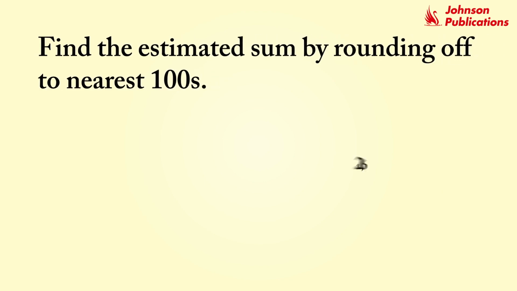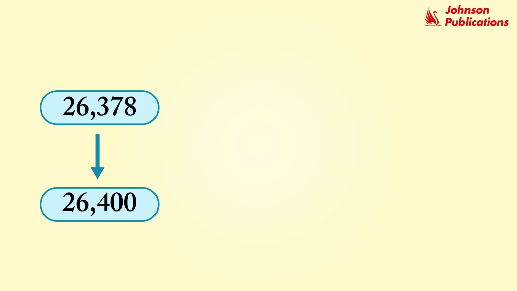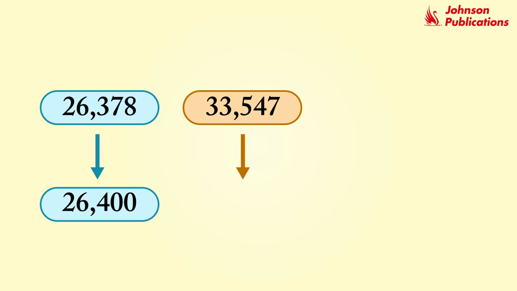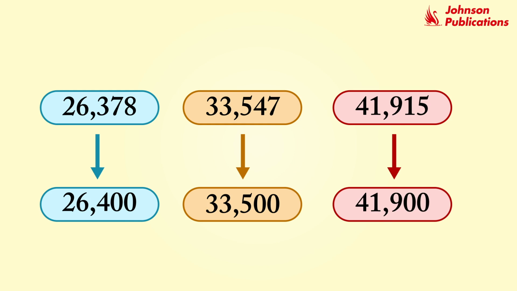Find the estimated sum of these numbers by rounding off the numbers to the nearest hundreds. 26,378 can be rounded off to the nearest hundreds as 26,400. 33,547 can be rounded off to the nearest hundreds as 33,500. 41,915 can be rounded off to the nearest hundreds as 41,900.